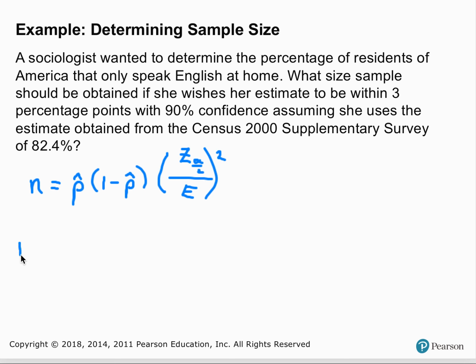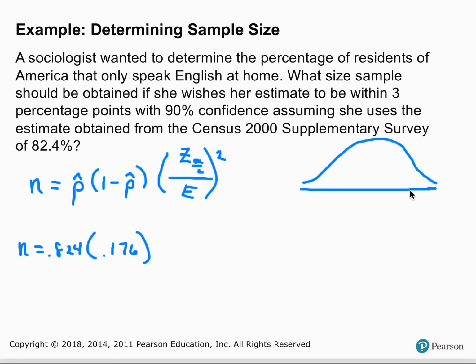So N is, now P hat we know, so 0.824. And then 1 minus 0.824 is 0.176. Now we've got to find Z sub alpha over 2. Again, we might want to think about what that means. Anytime we're talking about Z scores, we're talking about 90%, so we want the middle 90%.